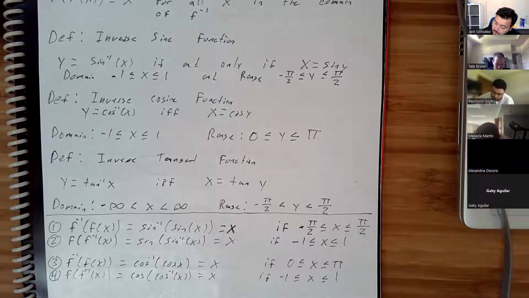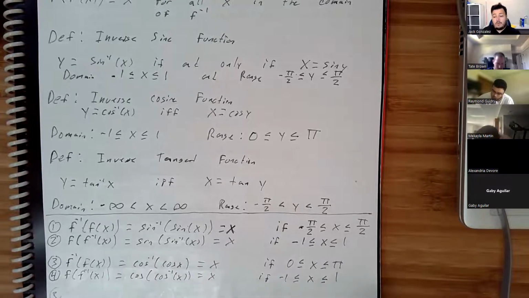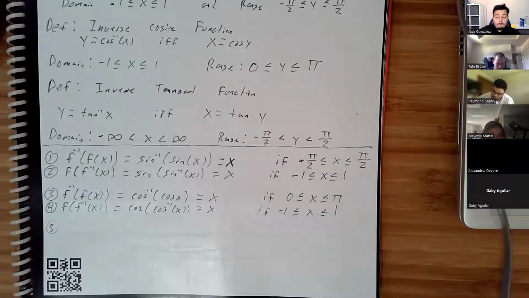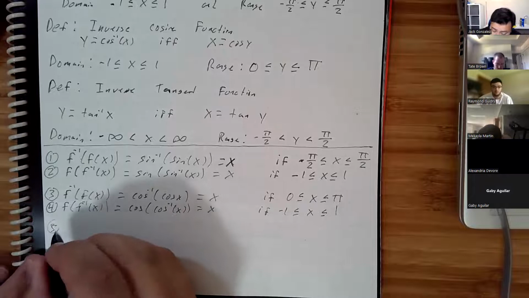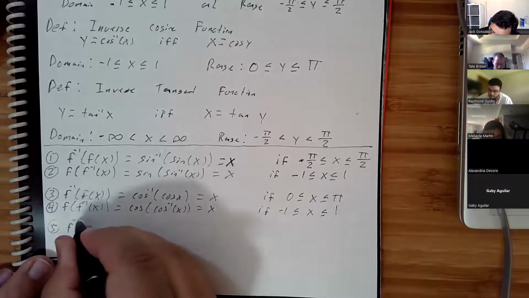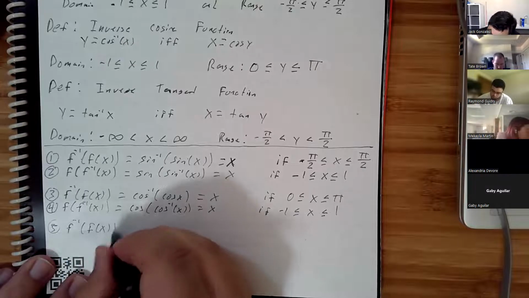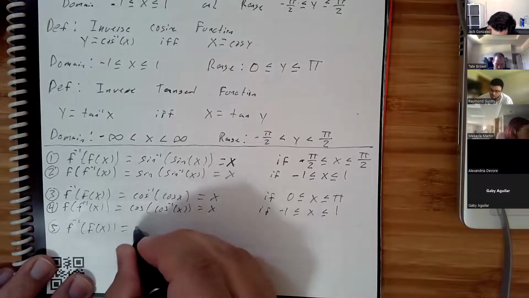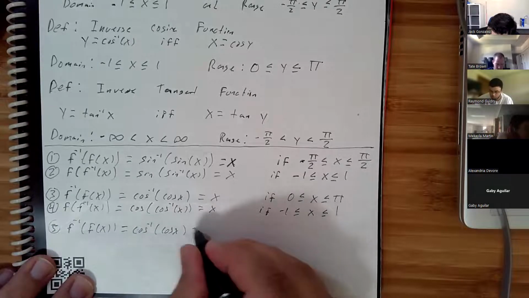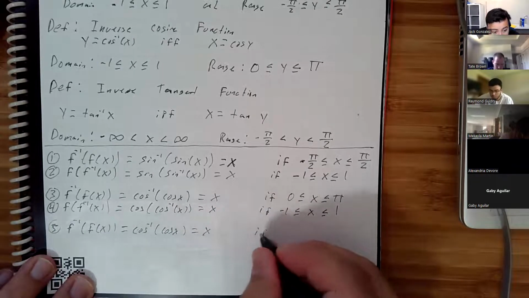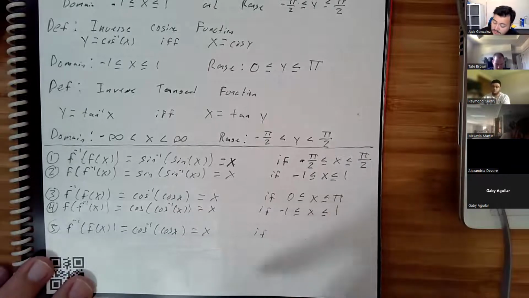All right, now let's do the tangent. F inverse of F will be equal to cosine inverse of cosine if, oh, I'm sorry, tangent, shoot.